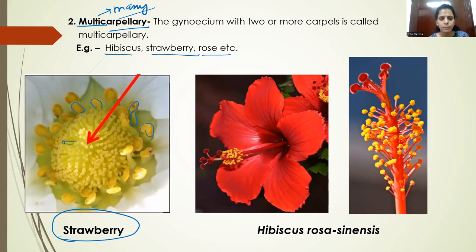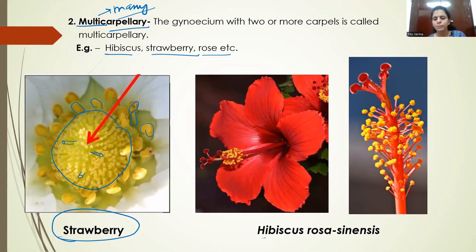The ovary is not visible, because the ovary is present deep inside the flower in the thalamus region. So this one is the pistil, like stigma and style. All these in the center are the stigma, style, and ovary, or you can say the pistils of the flower. Hence strawberry is an example of multicarpellary gynoecium.